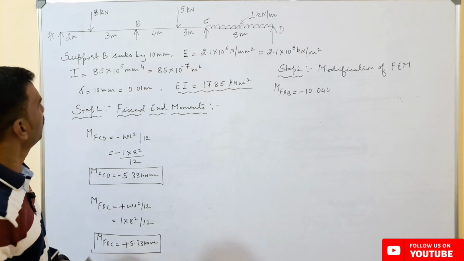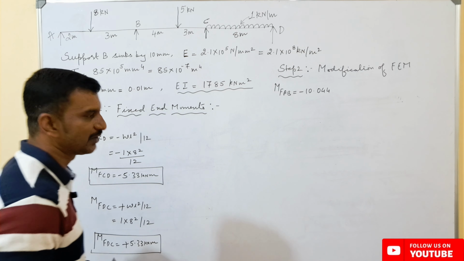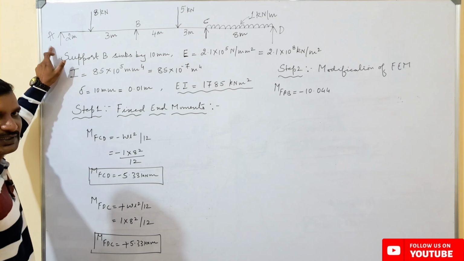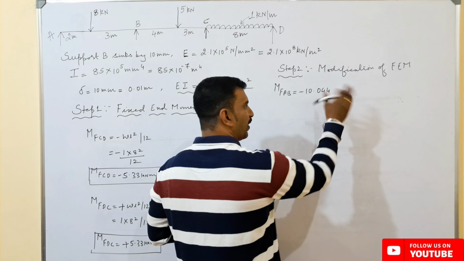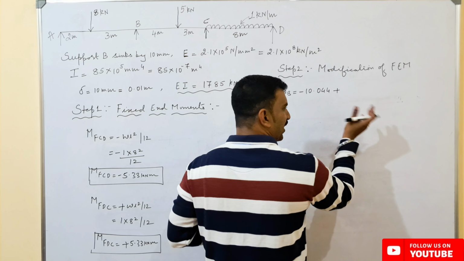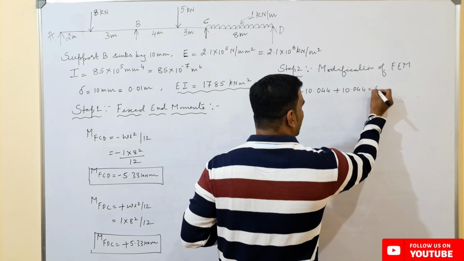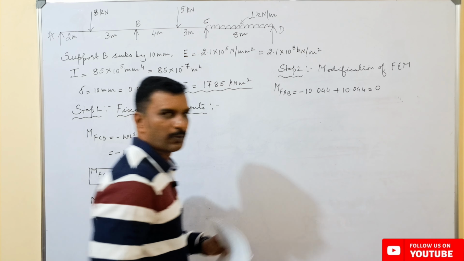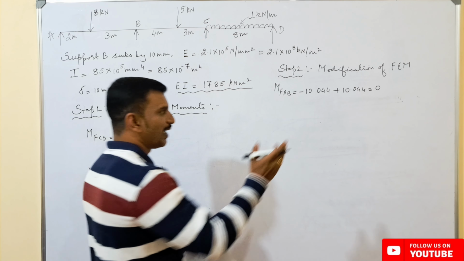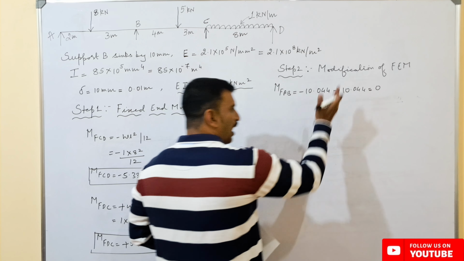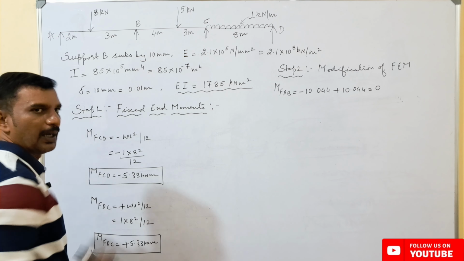Now we have to take an additional moment into consideration, such that the final end moment about point A, which is a simple support, will be equal to 0. So for that I can consider an equal and opposite additional moment, which is plus 10.044. So now this value will be equal to 0. From the moment distribution method, we know that whatever additional moment we have considered, half of that value needs to be carried to the other end of the same member.